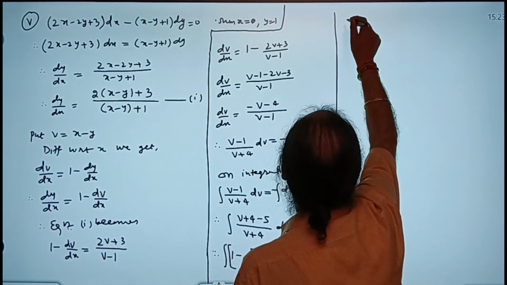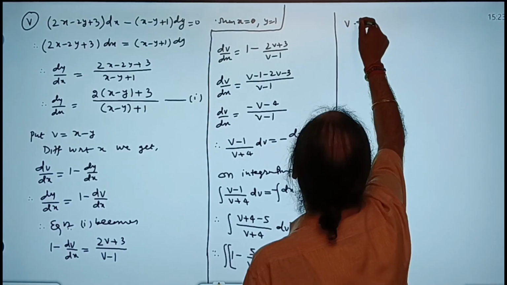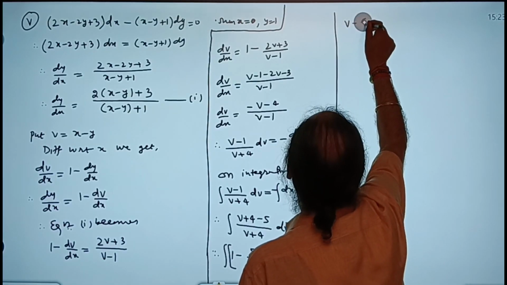This integral is what? v minus 5 log v plus 4 is equal to minus x plus c.